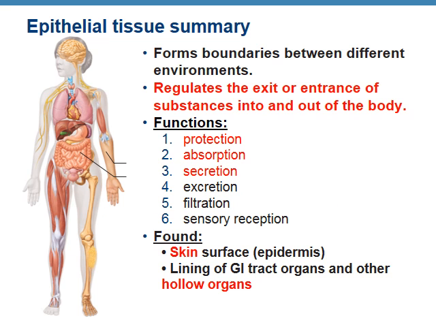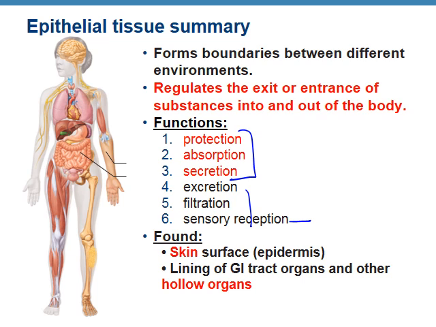So let's talk about the epithelial tissue as a whole group. We'll do the summary here. It forms boundaries between different environments. It regulates what comes in and goes out of the body, so the entrance and exit points. It has several functions, but the three we really need to focus on are protection, absorption, and secretion. So yes, it does these others, and especially sensory reception.